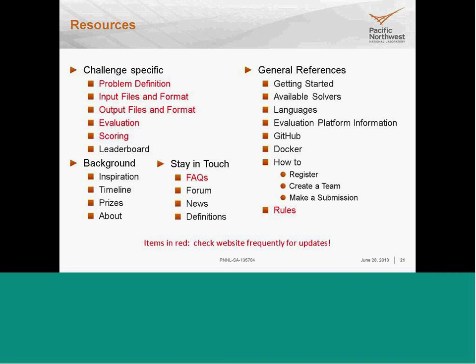There are general references about getting started, the list of solvers, languages, details about the hardware for the platform, details about how to access and use GitHub, details about the Docker, and how to register, create a team, and make a submission, and of course the rules.